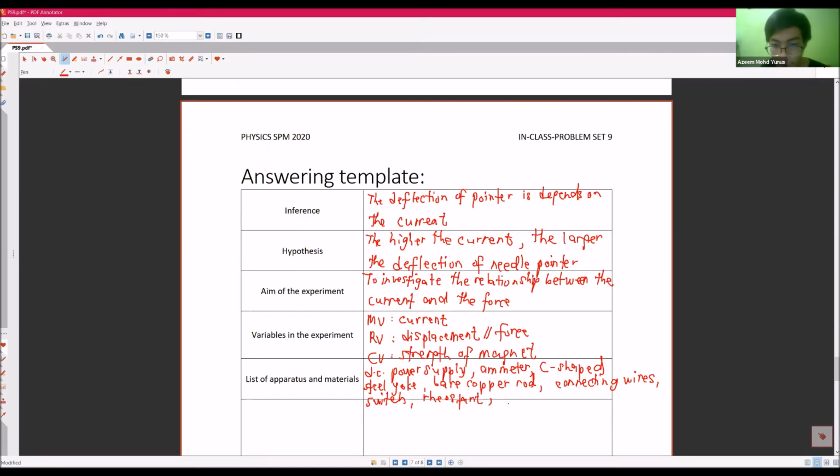Thick copper wire and also magnets. Two magnets. Oh yeah, a meter rule suitable to measure the displacement.